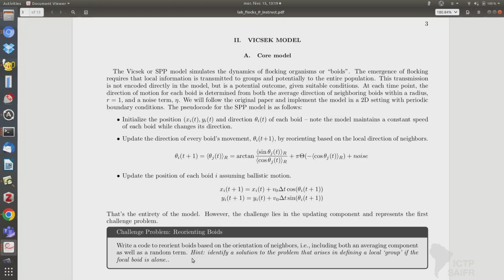In fact, you need to imagine that you have a copy, a mirror image of this bird here, and therefore their distance is going to be this one, okay? This is called periodic boundary conditions.